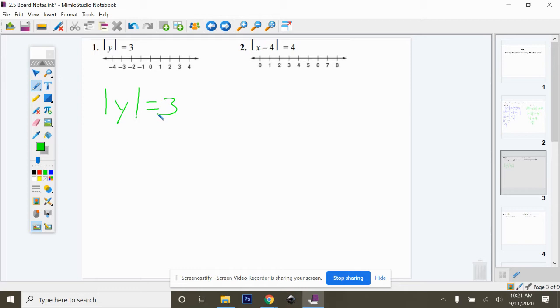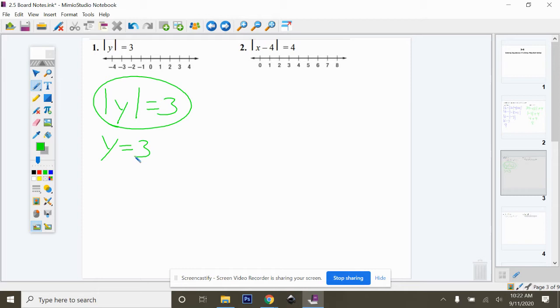But the absolute value causes us to have one extra step. That one extra step is that before we ever get started, we actually have to write 2 problems. So I'm going to split this equation into 2 equations. One of them, all I do is write it without the absolute value on it, y equals 3.